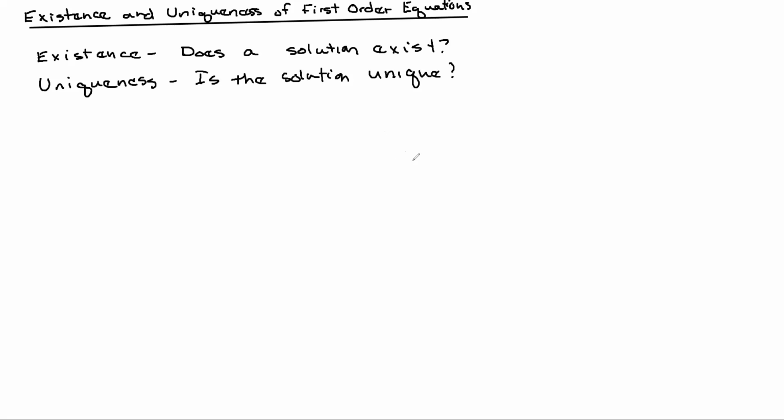It turns out that there are theorems in each of the types of differential equations that we're going to look at throughout this course, which will discuss these two factors before you even solve a differential equation. So you can just look at a differential equation and be able to determine, is a solution likely to exist, and is that solution likely to be unique?